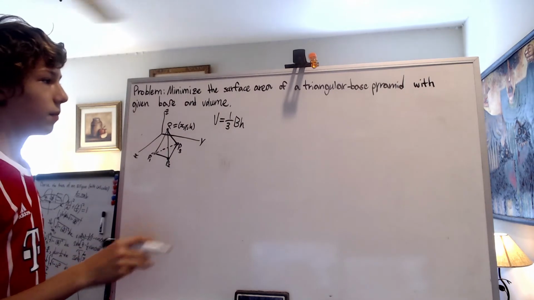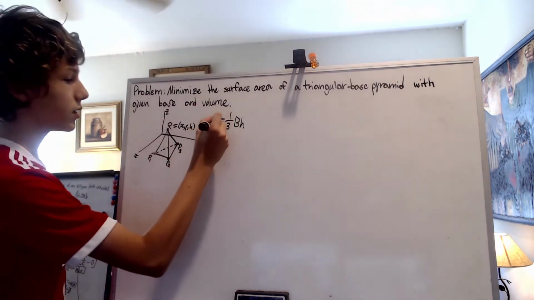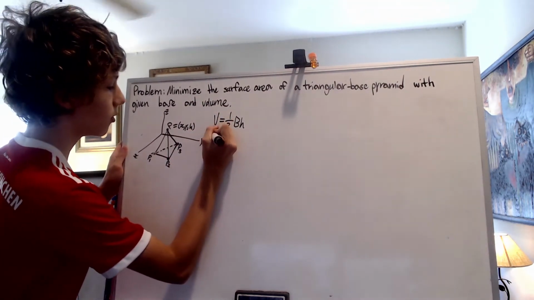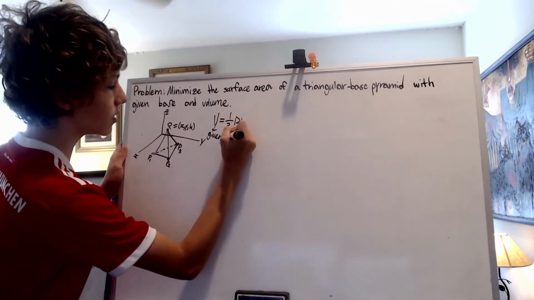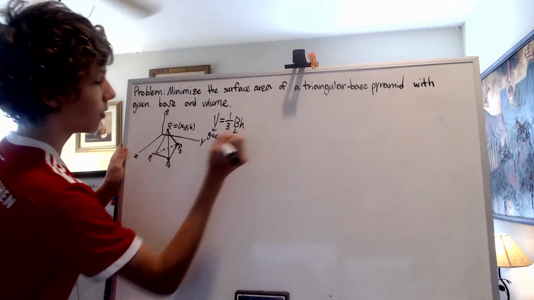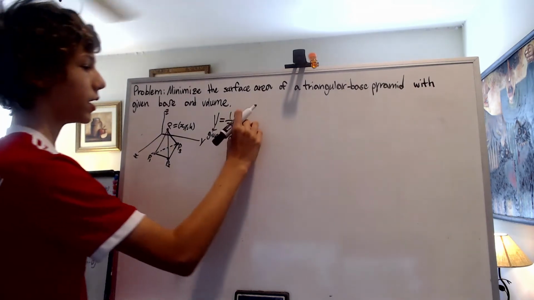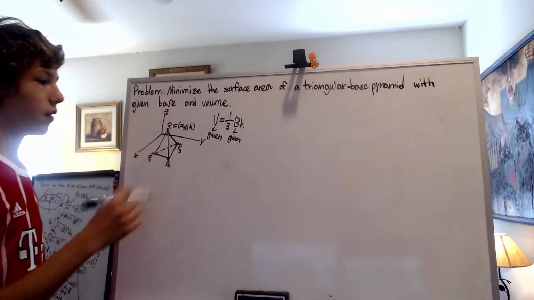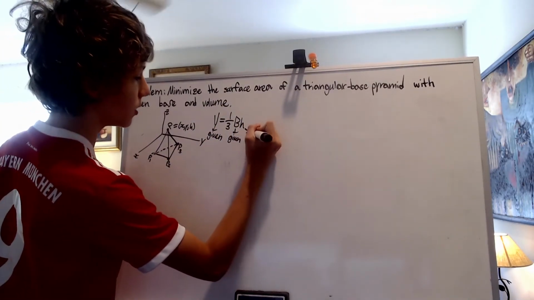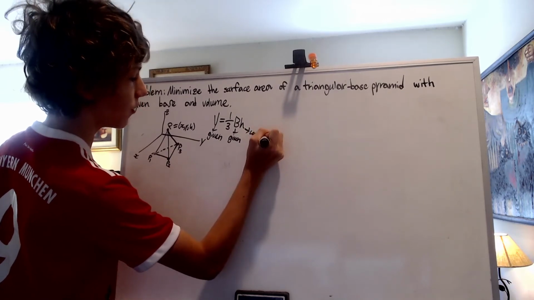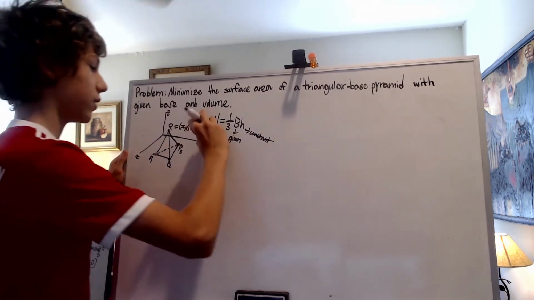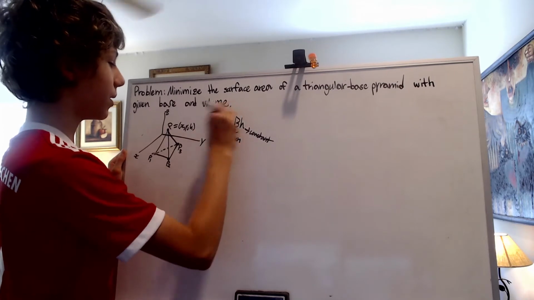But the volume is given, and the base is given. Therefore, since we can solve for h, our height is also constant. It's not directly given, but it's indirectly given.